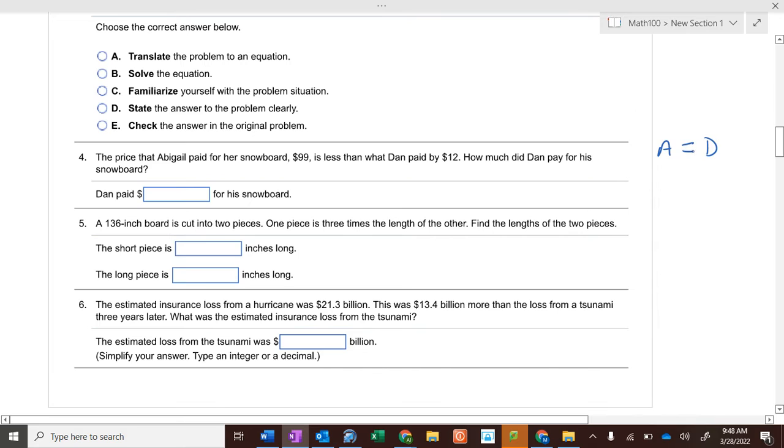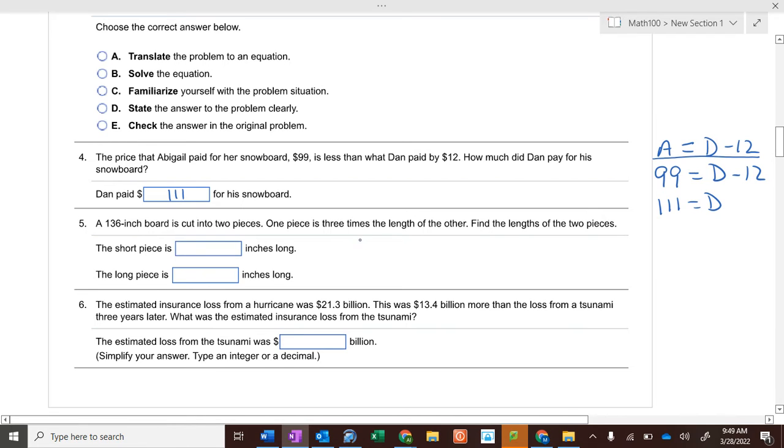So Abigail is 12 less than Dan, or Dan minus 12. Okay? So Abigail, the amount she paid is Dan minus 12. So then if we add 12, we get 111 is what Dan paid. Okay? Write the equation, solve your equation, state your answer.